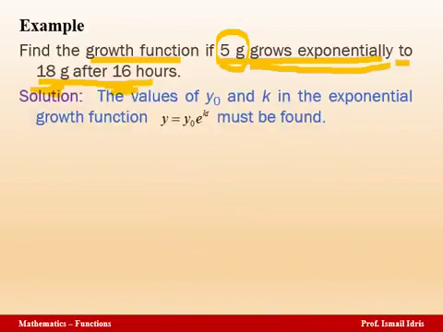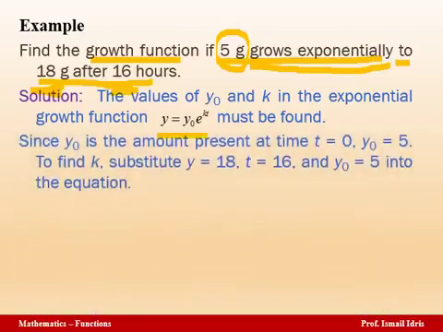So to find the function, as I said, this is the function: y equals y naught e to the power kt. Two unknowns here, y naught and k. But y naught is the amount that is present at the beginning. We know that. The amount at the beginning, at t equals 0, is 5 grams.